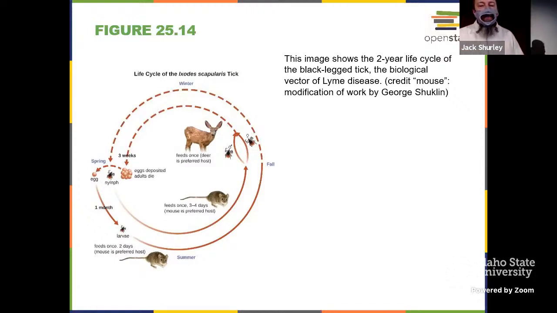They pair up and mate and deposit the eggs. The female deposits the eggs a few weeks after all of this occurs, and shortly thereafter, they die, all right? The eggs, back to starting over. Springtime, and there you go.